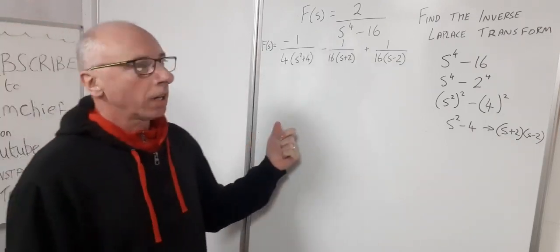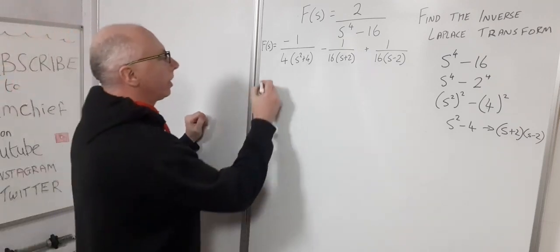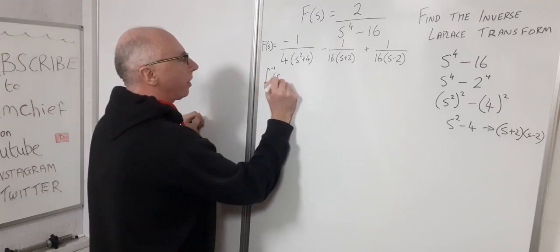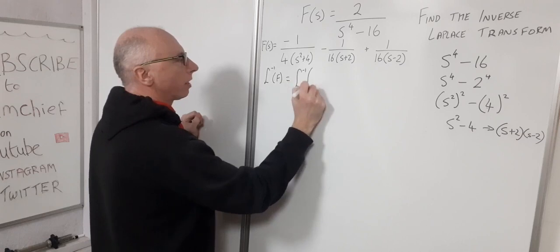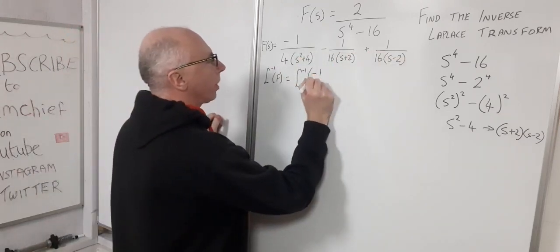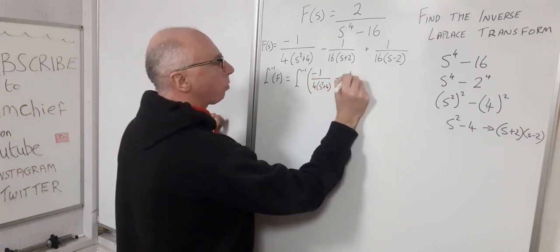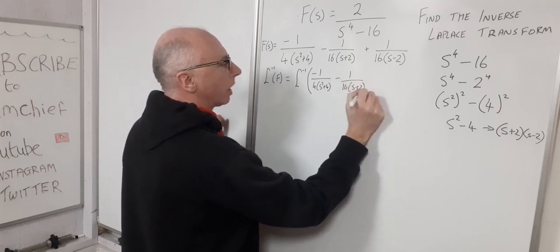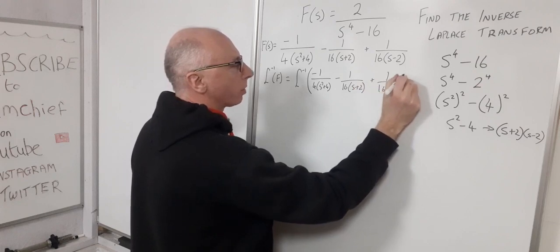So now dealing directly with our inverse Laplace transform. What we want now is the inverse Laplace of F to equal the inverse Laplace of all of this: minus 1 over 4 times s squared plus 4, minus 1 over 16 times s plus 2, and plus 1 over 16 times s minus 2.